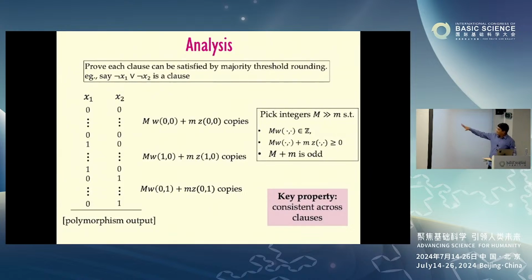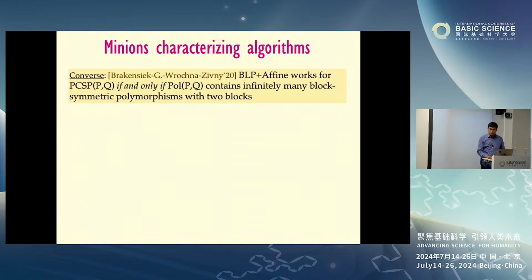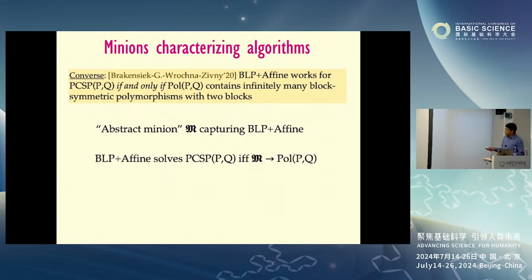It's sort of an exciting frontier because one of the algorithms extends to more general cases. The interesting thing which has emerged from this work is that I said that this algorithm works given polymorphisms, but what about the converse? If and only if it has the algorithm. That is because there is a polymorphism which captures this algorithm.